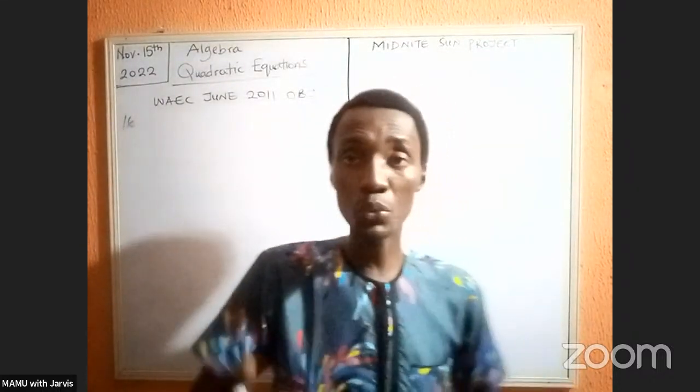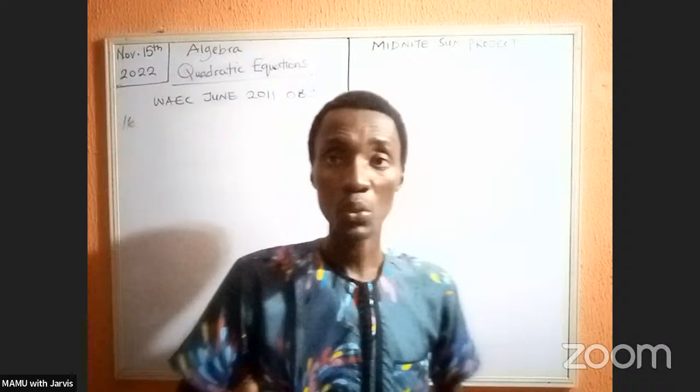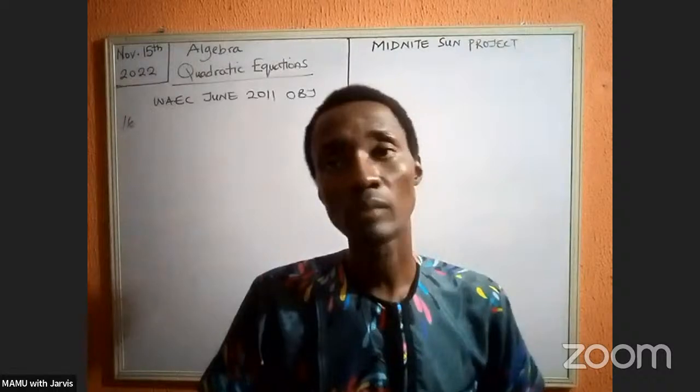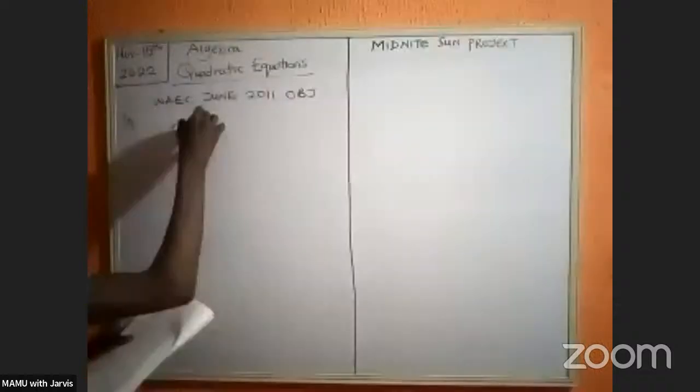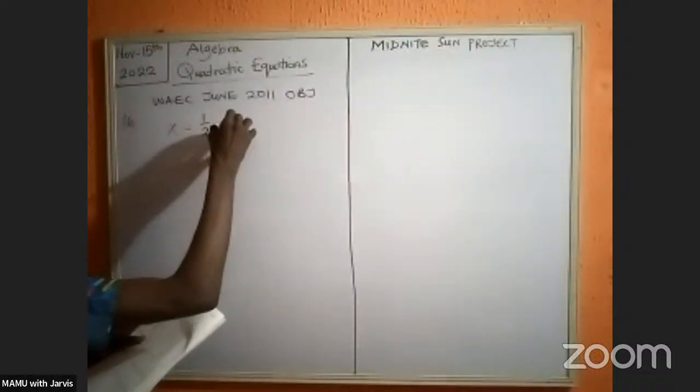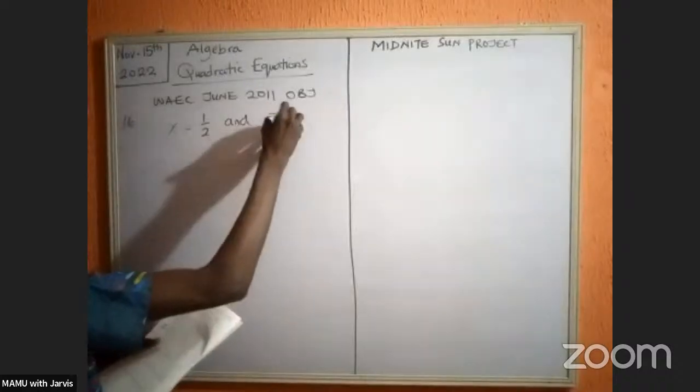The roots give factors we can multiply to obtain the equation. So we are told to form the equation with roots equal to 1/2 and -2/3.